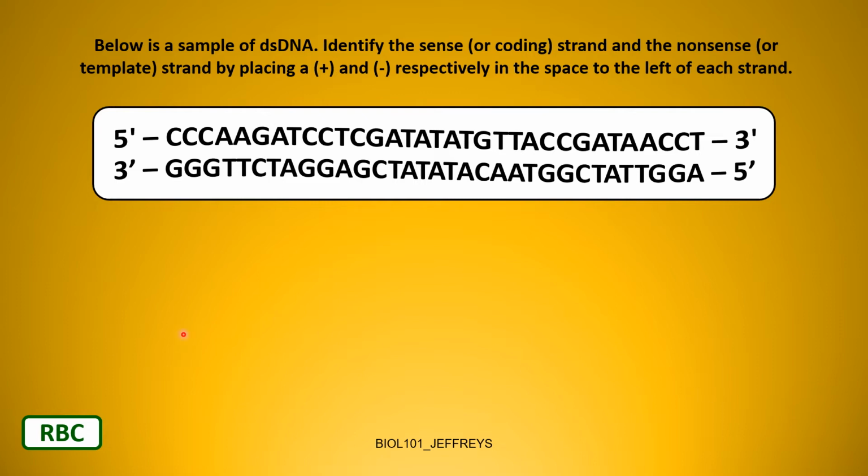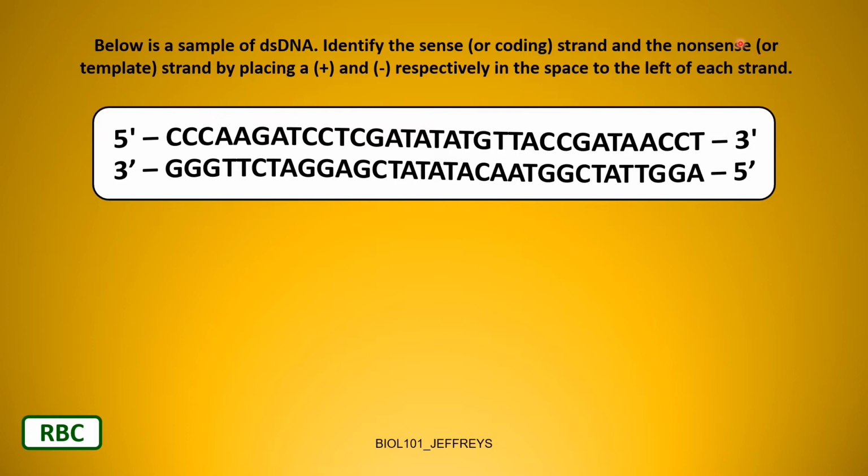So you're going to just put a plus or a minus over here to identify the coding strand and the template strand. Okay, the template strand is the nonsense strand. The coding strand is the sense strand. We call it the template because that's where we're going to make our messenger RNA from.